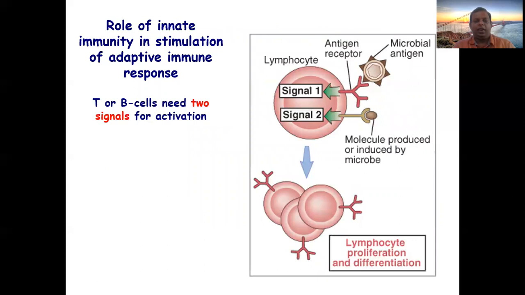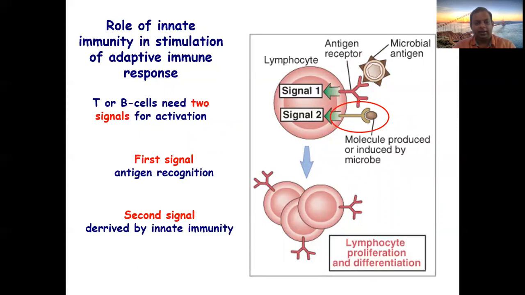Once innate immunity is activated, there's a bridging to adaptive immunity. For that, there are signals. The first signal is antigen recognition, and the second signal is derived from innate immunity. At the same time, once infection is going on, adaptive immunity also senses this, with the antigen receptors, the antibodies on the lymphocyte.